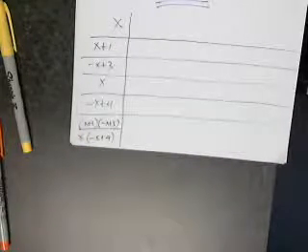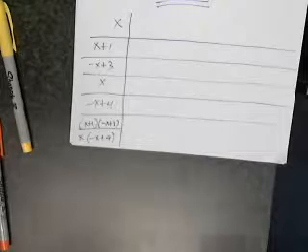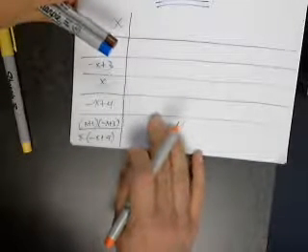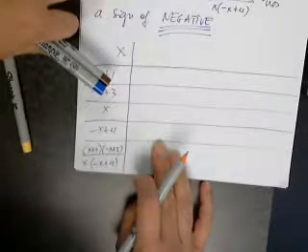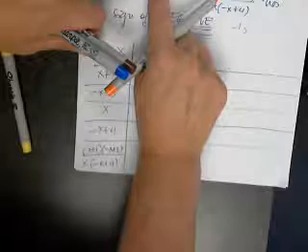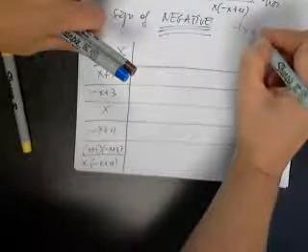Now, I would like to get what are called the zeros of each factor. So now I'm going to ask you, where is x plus 1 0? When x is negative 1. Where is negative x plus 3 0? When x is 3. Where is x 0?